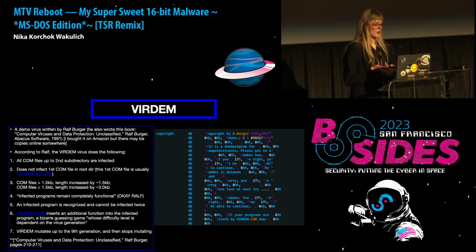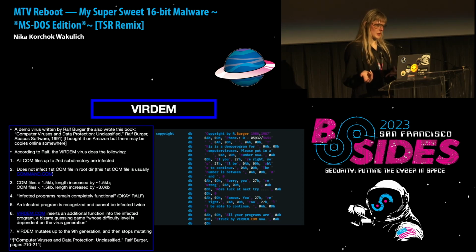The important ones to note of this long list are it's a file infector, it infects com files, it doesn't try to target command.com based on how the root directory is structured, and when it infects a program, it adds an additional functionality, which is a bizarre guessing game, and the difficulty level of the guessing game for numbers is dependent on the virus generation.